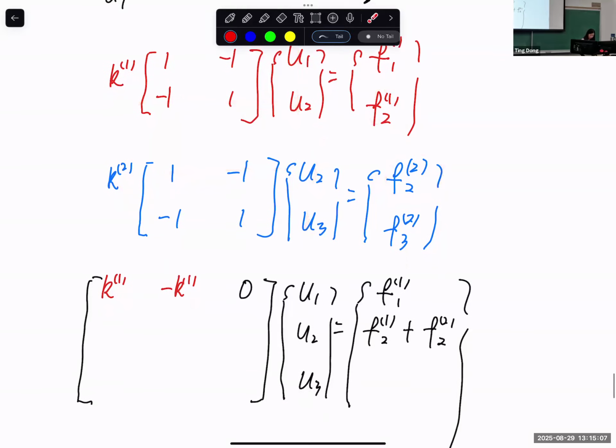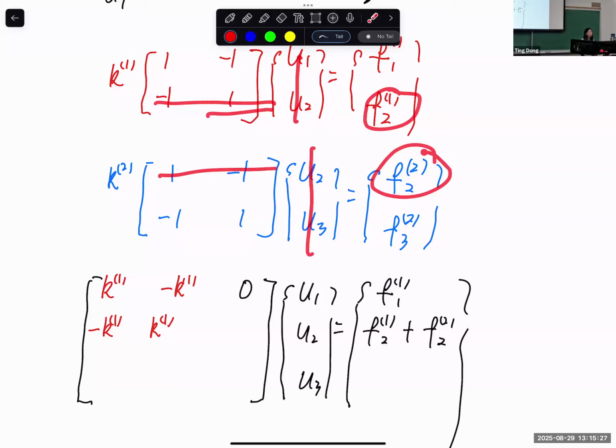So for the second one, we have negative K1, K1. So this is from this part. And also we have this one, right?